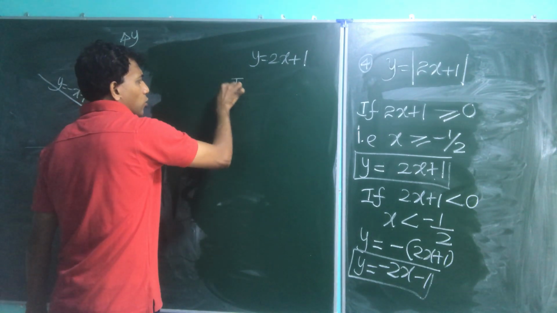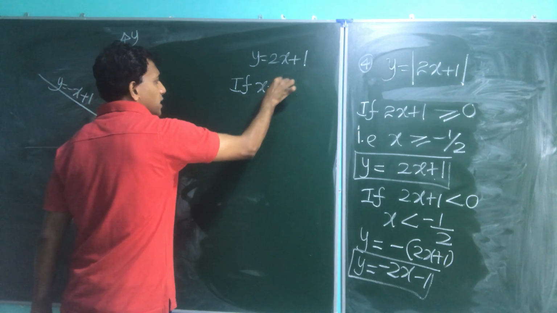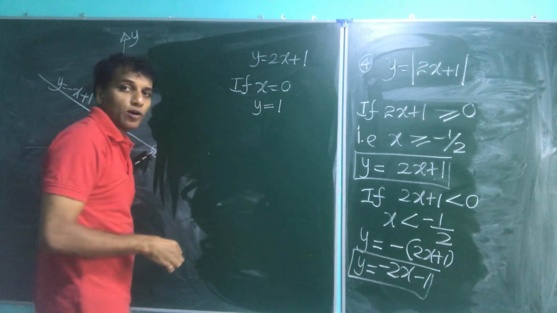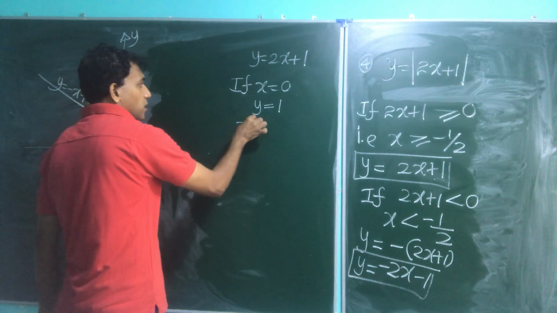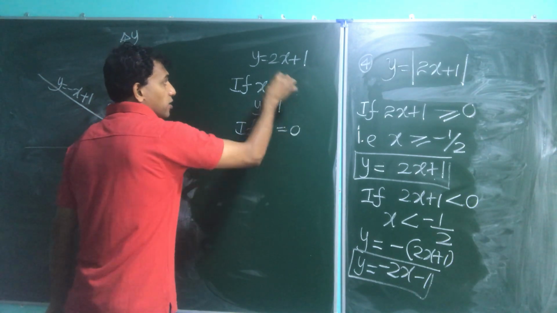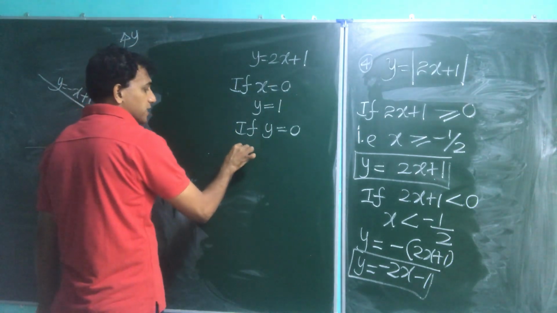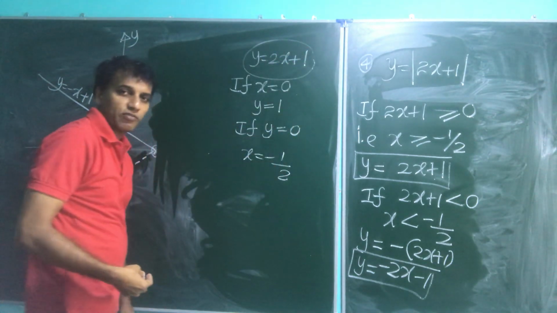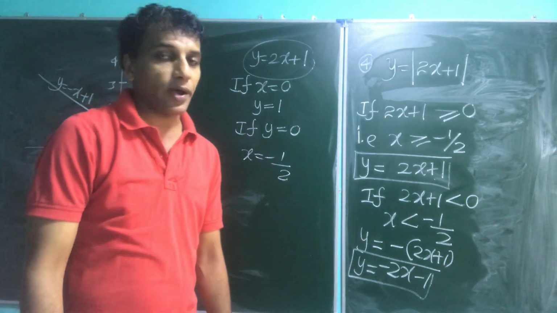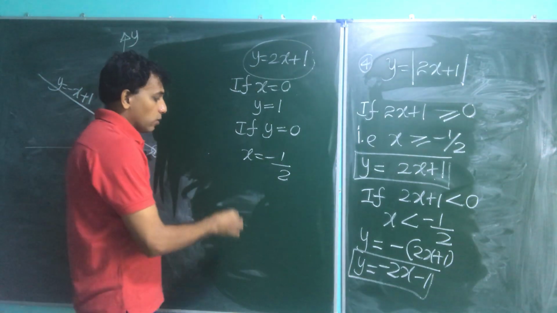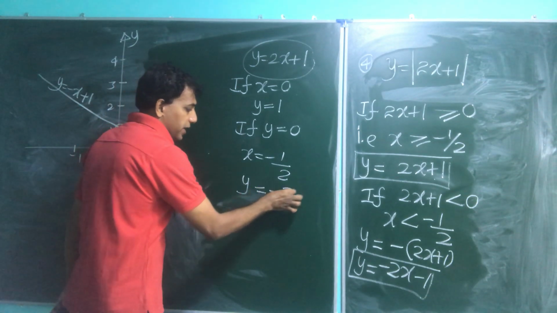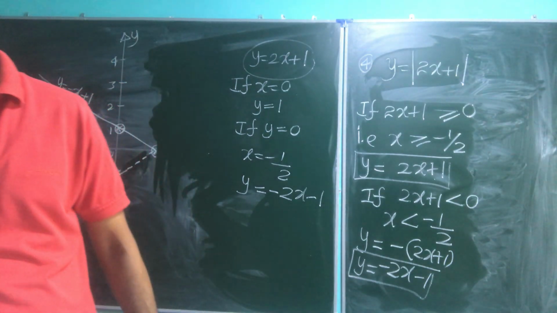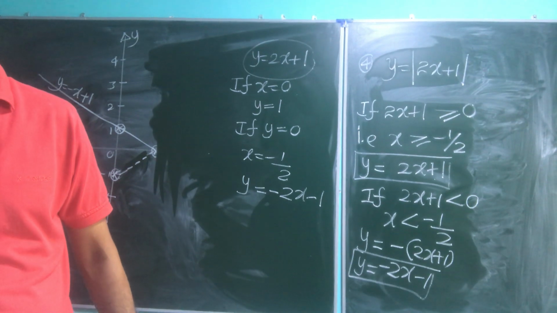If x equals 0, what is the y value? y is 1, okay? x is 0, y is 1. Next, if y is 0, how is the x answer? Minus half, right? To draw this graph, the two points are enough, the intersection points with the respective axes. Next, see the other one, to draw y equals minus 2x minus 1. Same method, find the 2 points where x and y become 0.